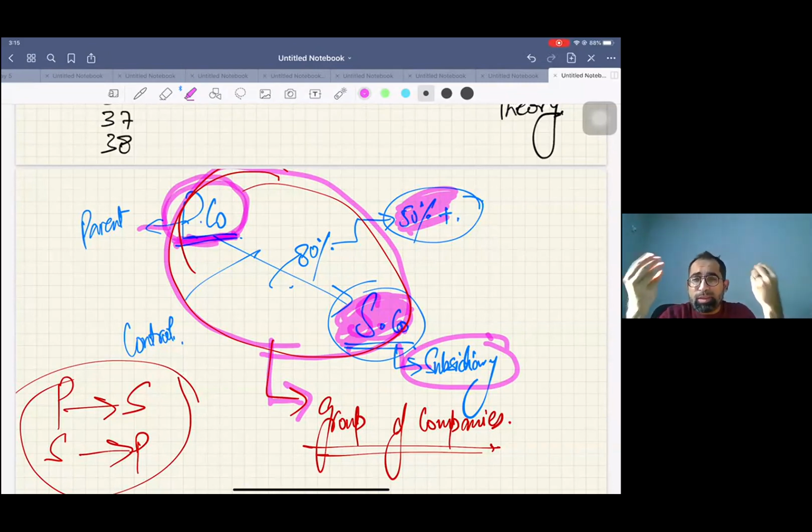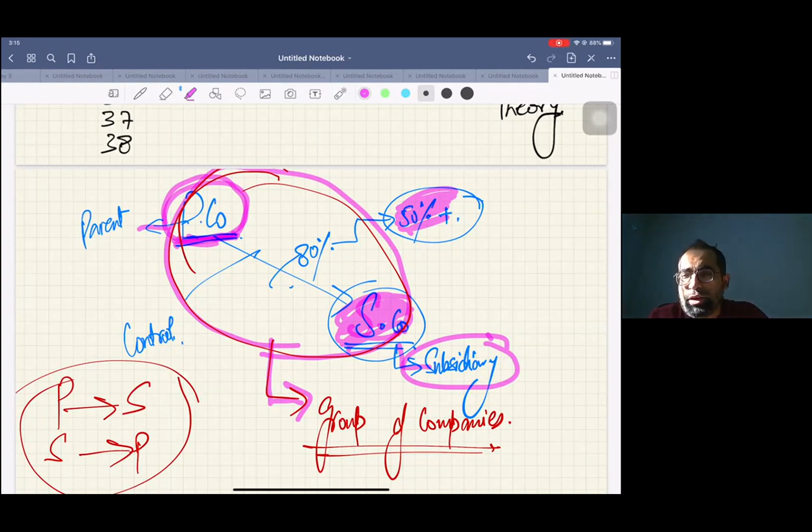It is even possible that the parent company is in one country and the subsidiary company is in another country. But this is not part of the F7 course. Foreign subsidiary consolidation is not part of F7, that will be tested in SBR.